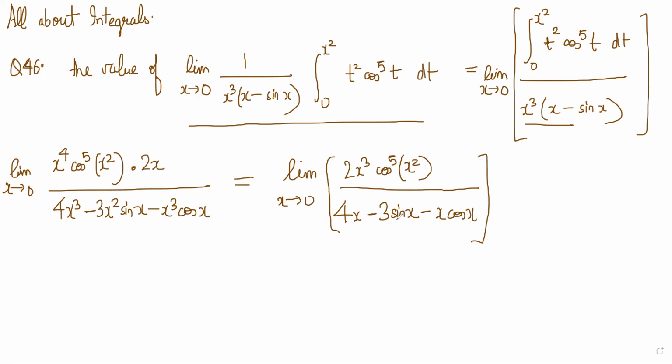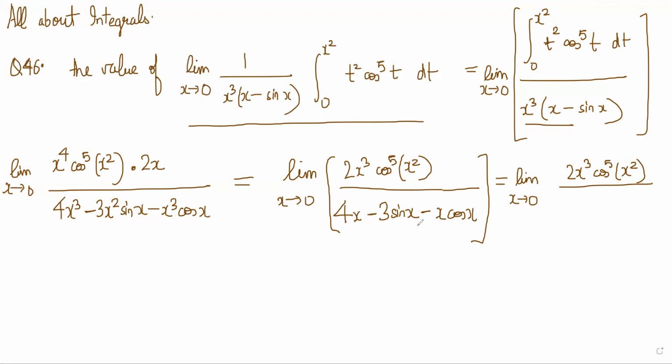Now, if I have to evaluate this, the best way to do it would be to utilize Taylor series expansions, right? So think about this. But before we do Taylor series, let's simplify it a little more, because we can say limit x tends to 0, 2x cube cos power 5 x square divided by 4x is equal to 3x plus x.